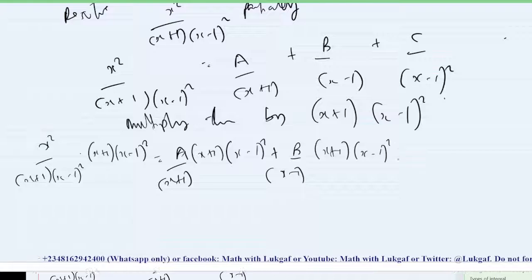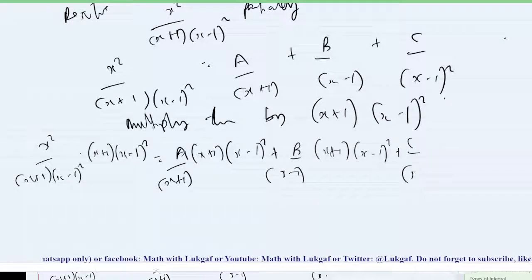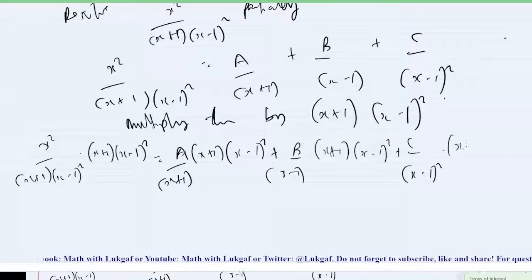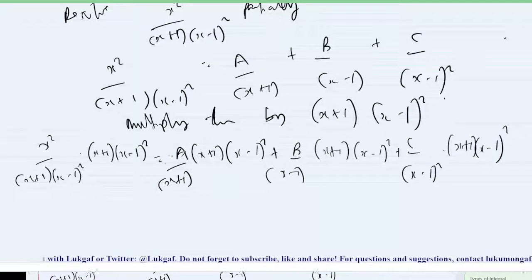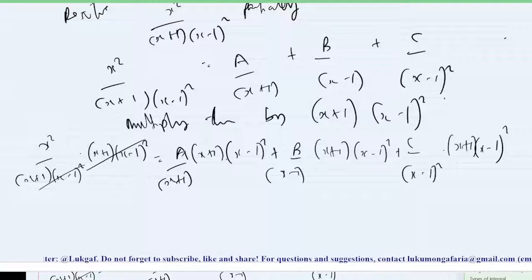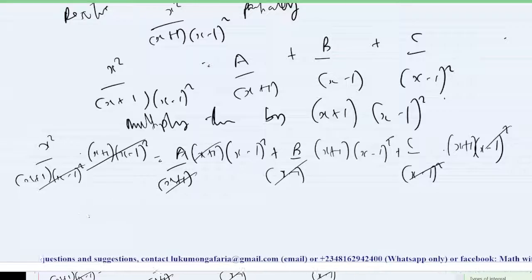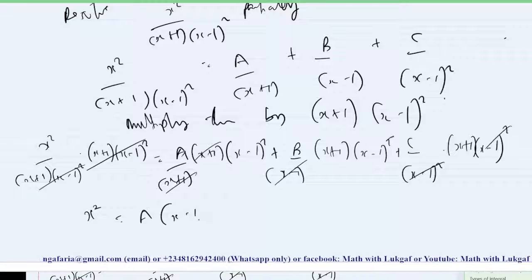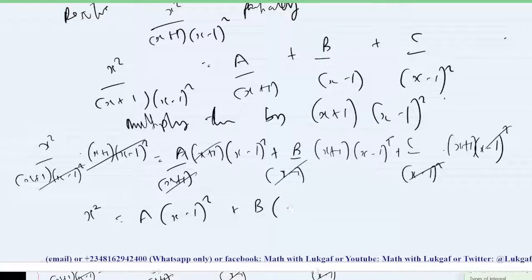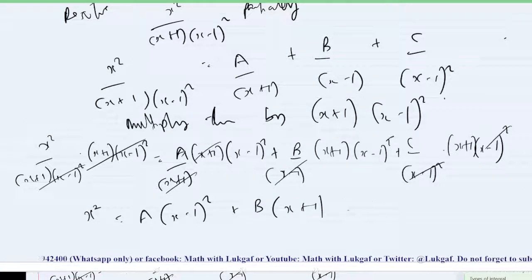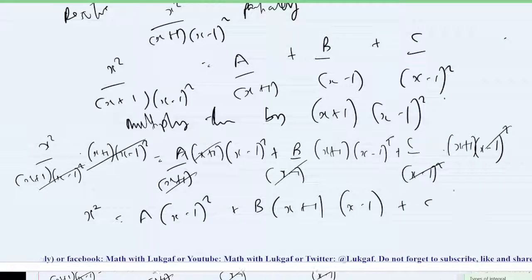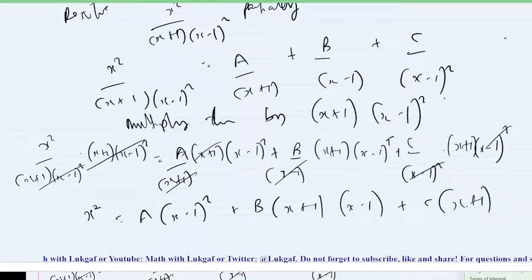The common factors cancel each other. What do you have left? You have s squared equals A(s minus 1) squared plus B(s plus 1)(s minus 1) plus C(s plus 1).